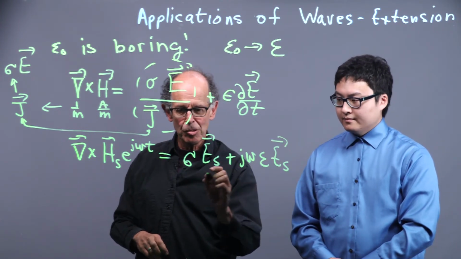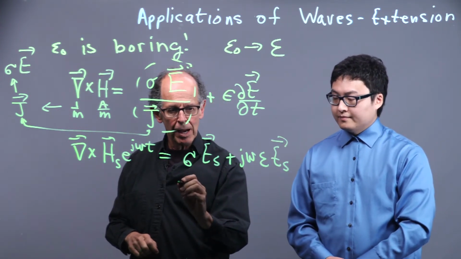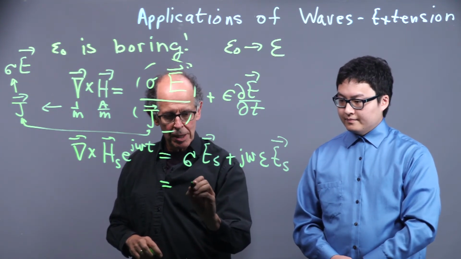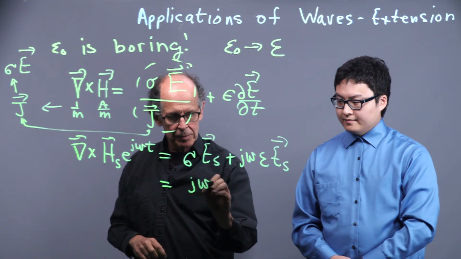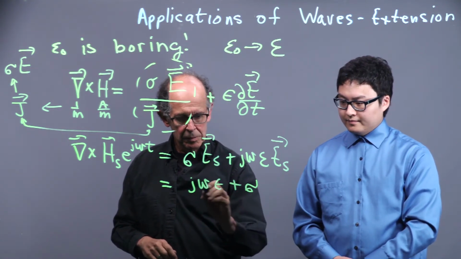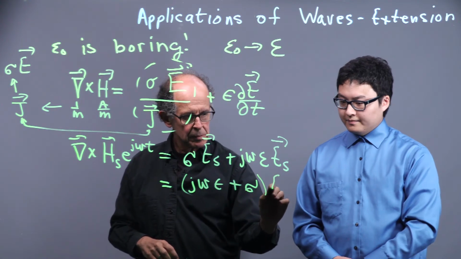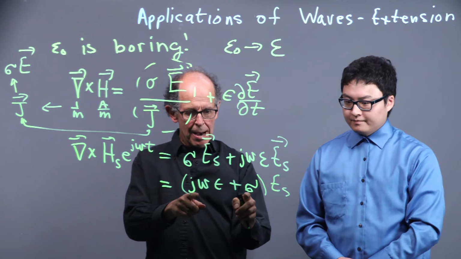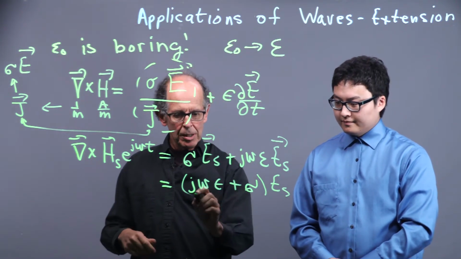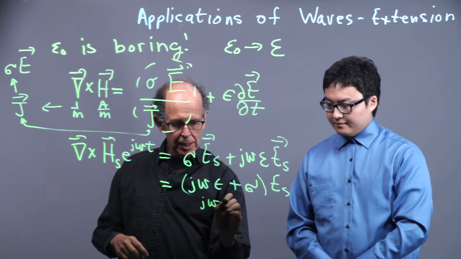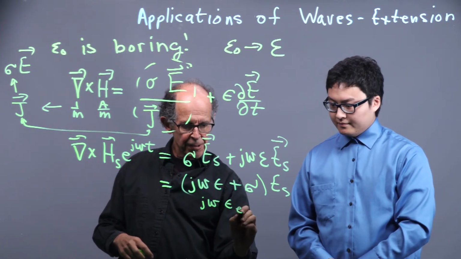Hey, this is cool. So let's combine the terms. Now, I want to write this somehow so that this is going to be j omega epsilon effective.